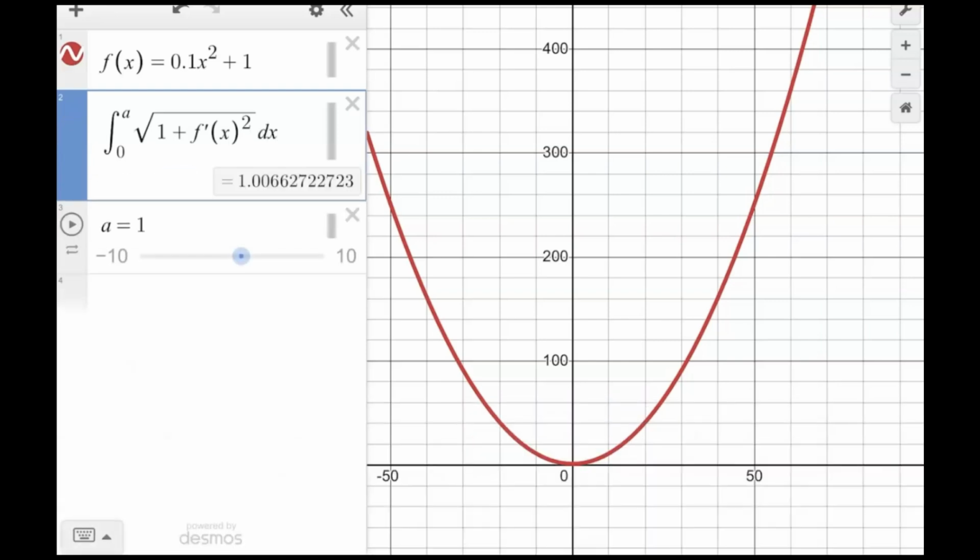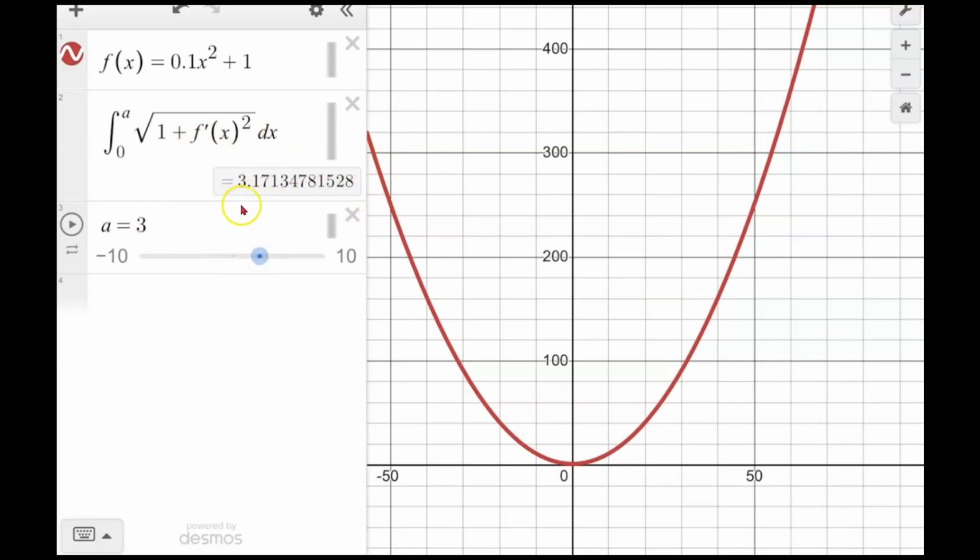And we're going to add a slider a. When a equals 1, so when you go from 0 to just 1, the arc length is 1.006. If you go to a equals 3, then the arc length becomes this quantity here.